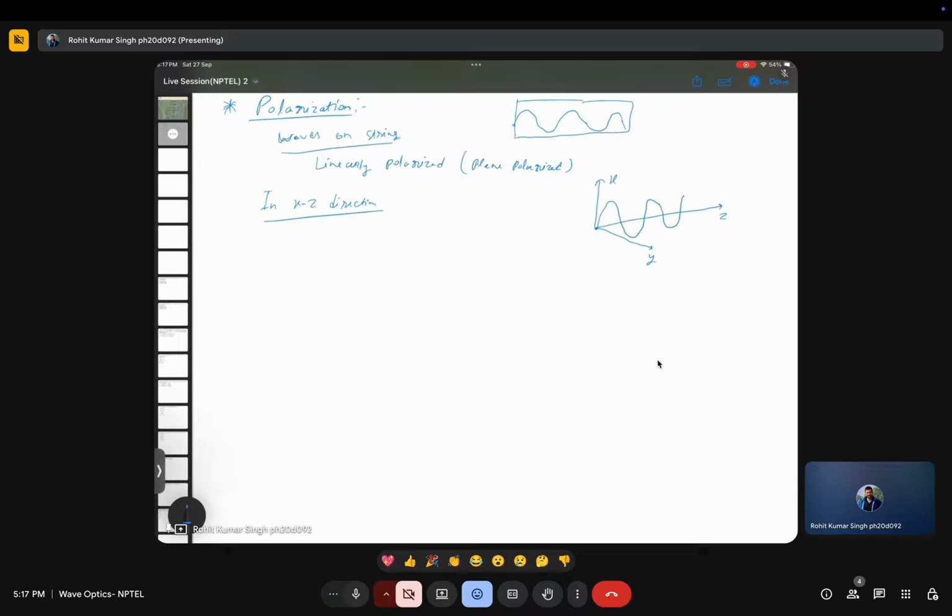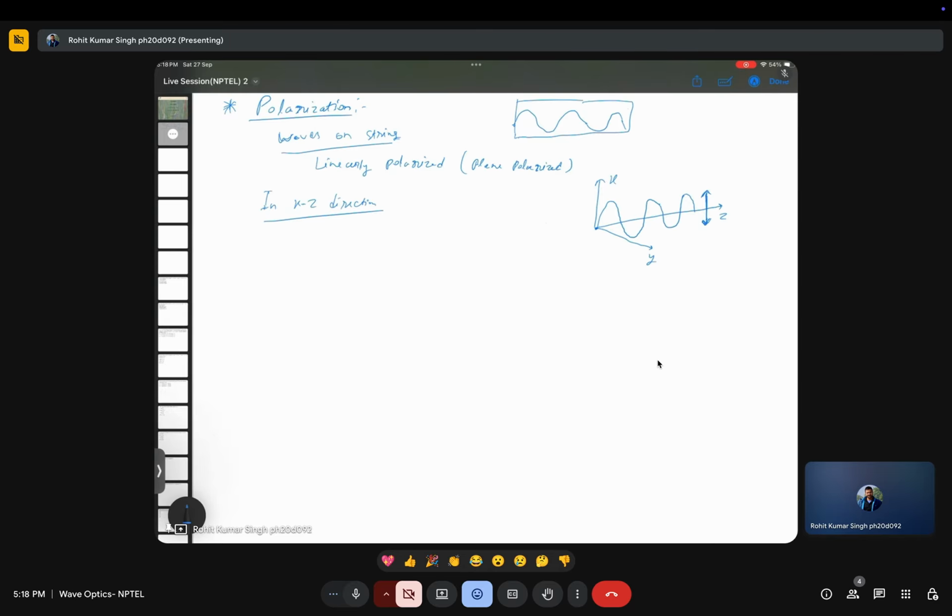Basically, if you represent it with a vector, it will look like this. This arrow represents the oscillation, where each point of the string oscillates only in the x direction.